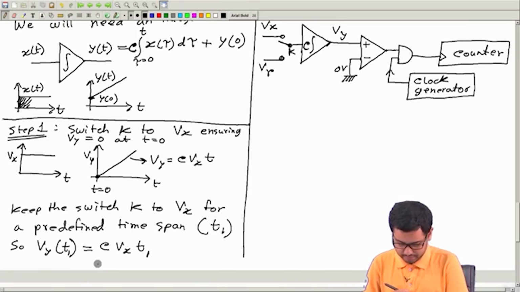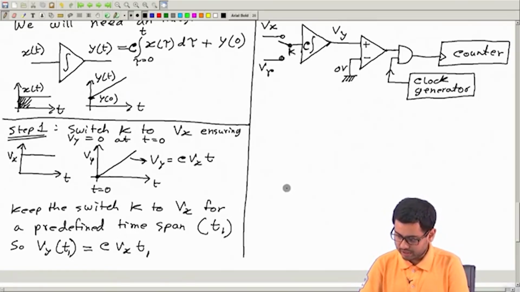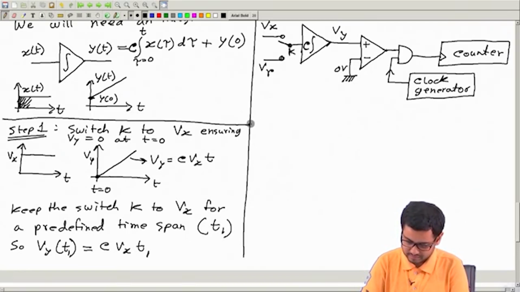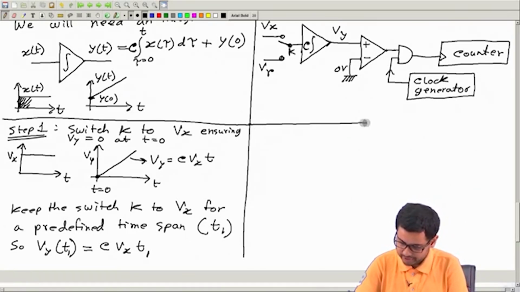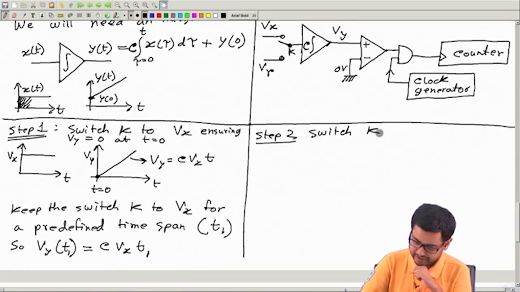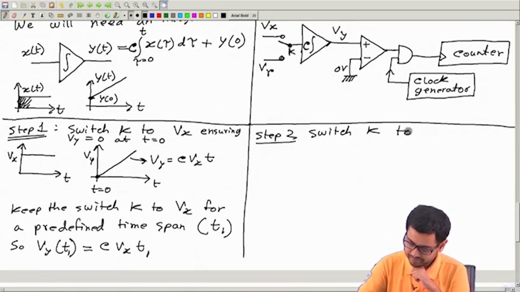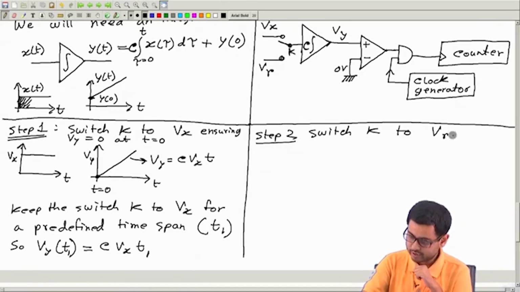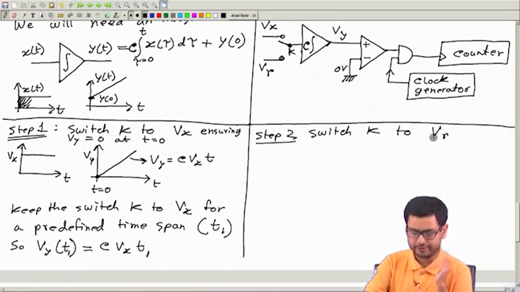Now after that, what to do? Step 2: switch the key to VR, which is a constant reference voltage, and let this VR be negative.